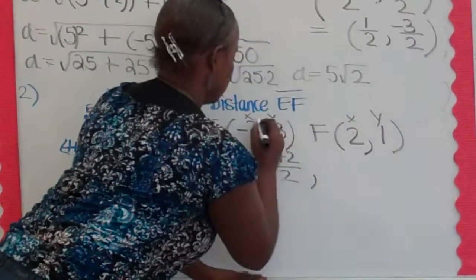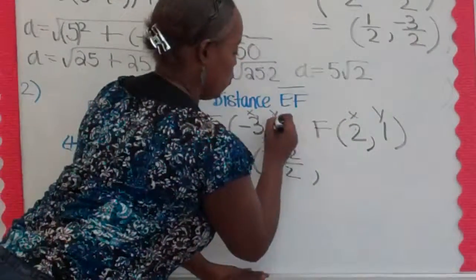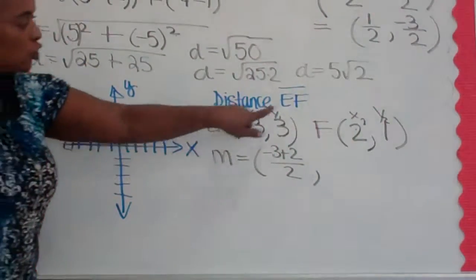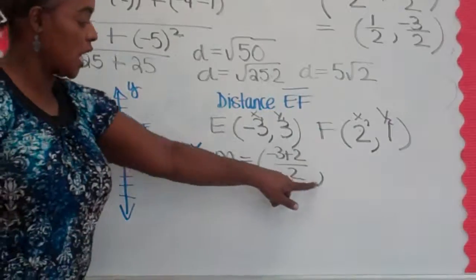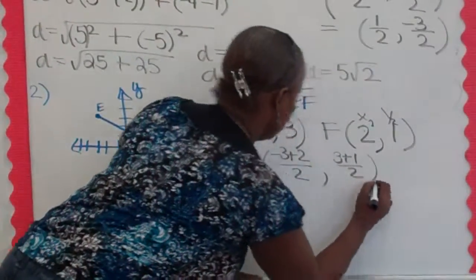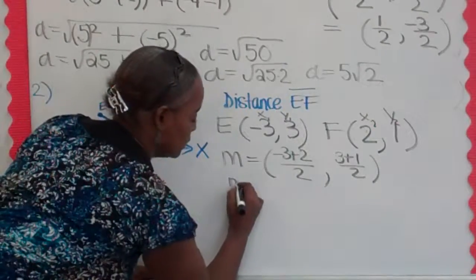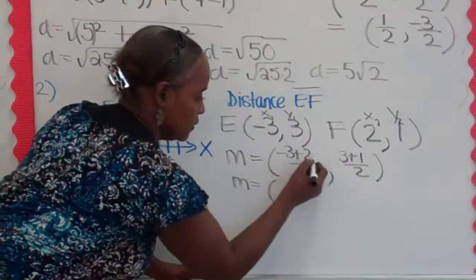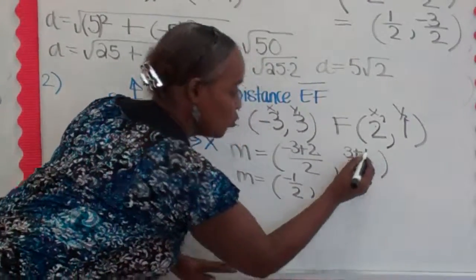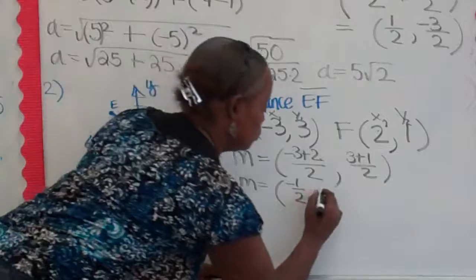This is x1, y1, x2, y2. So now you're adding your x's, divide by 2, comma, add your y's, divide by 2. So your midpoint is at -1/2, comma, 3 plus 1 is 4, 4 divided by 2 is 2.